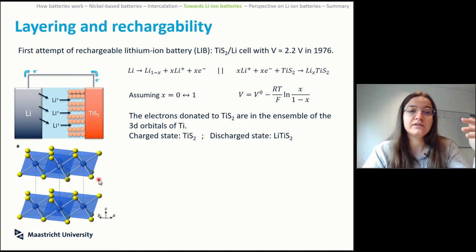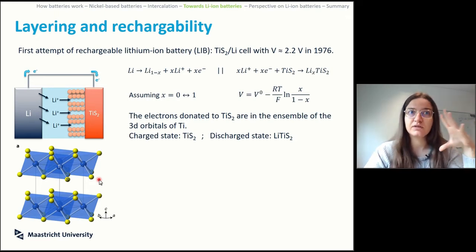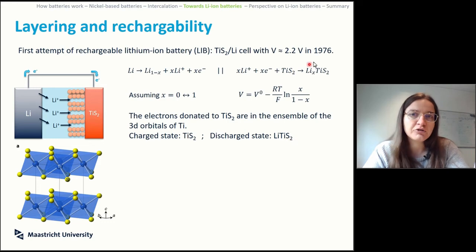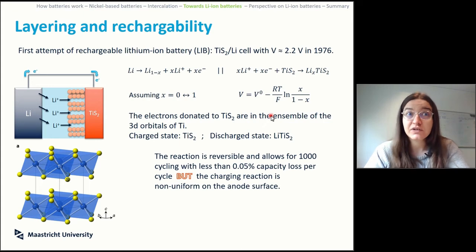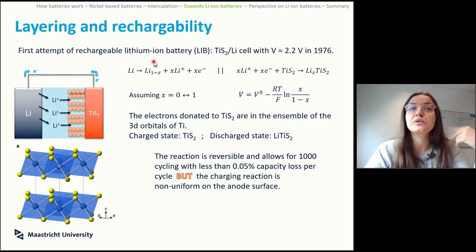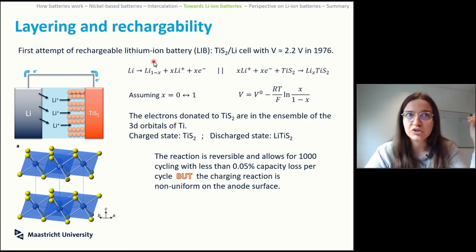The charged state, so when the battery can perform best, when before you started, the most stored energy, is when you have titanium disulfide. When it's completely discharged, so it cannot go any further, it's lithium titanium disulfide. So when lithium is 1, then your battery needs to be recharged. It's nice, the reaction is reversible. When you connect, the cell performs spontaneously, so it spontaneously feels the potential and starts to put lithium inside the layer structure and creates electrons in the process.